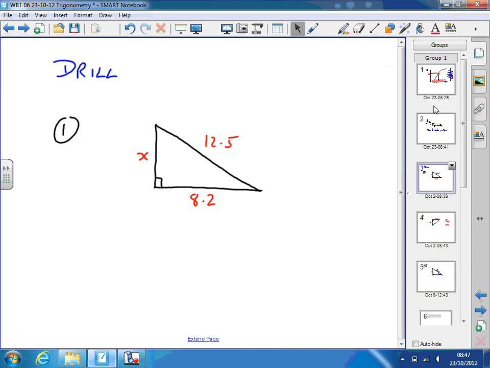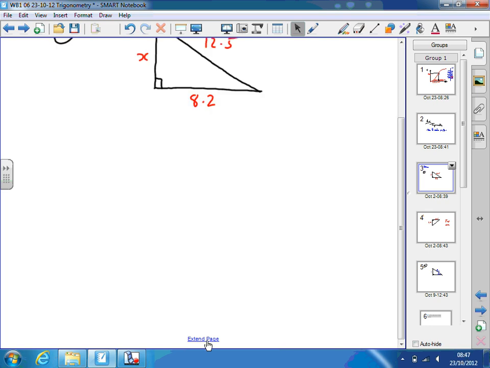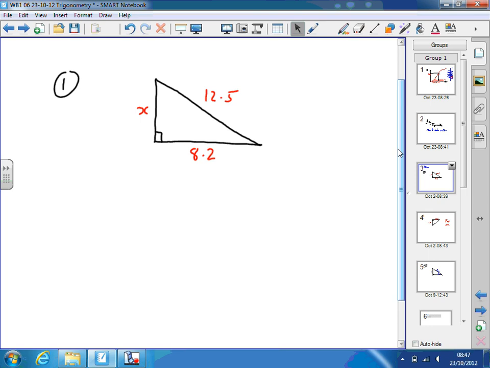Okay, let's go through these things. So this introduction then, the first question is to do with what you need to be able to do. Number 1 says that a squared plus b squared, the 2 short sides squared and added together, equals the long side squared, which is the hypotenuse.